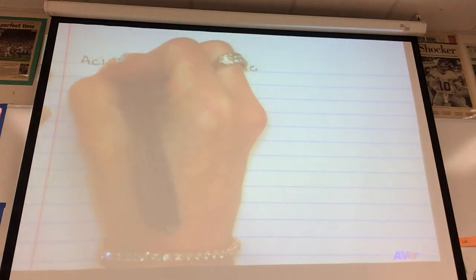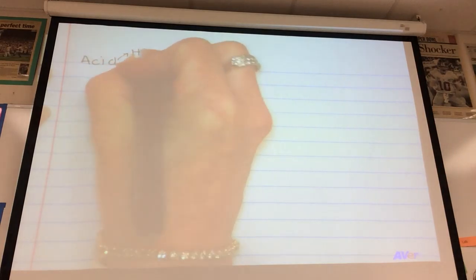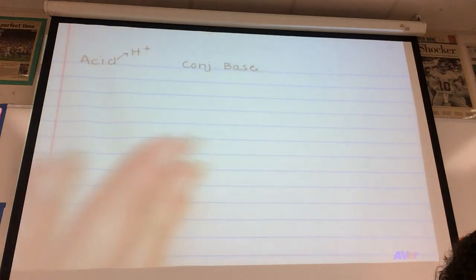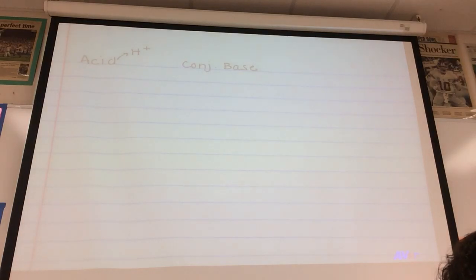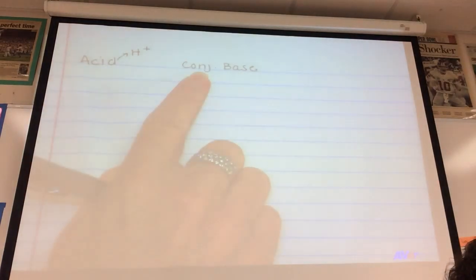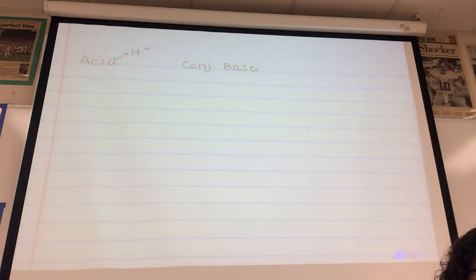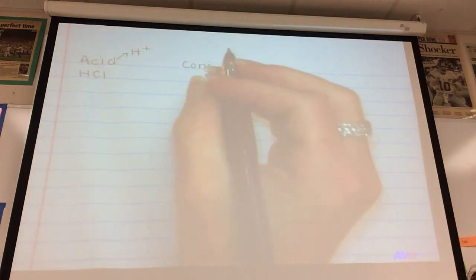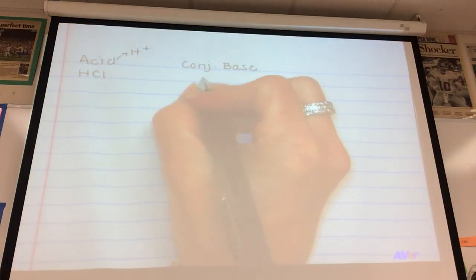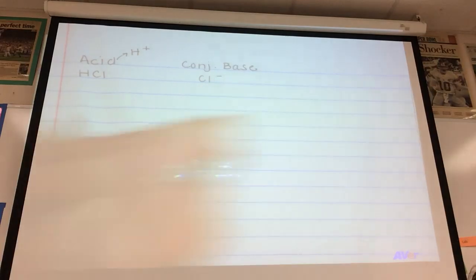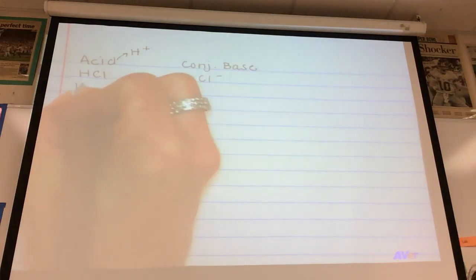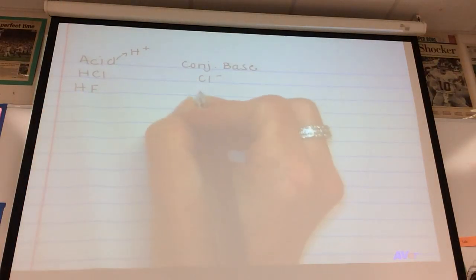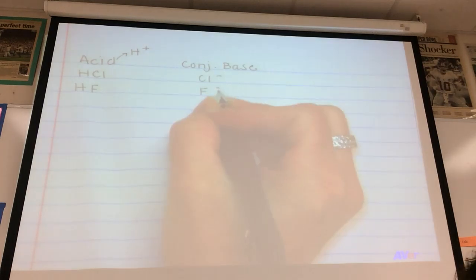Remember, an acid is a proton donor, so it's going to kick out a proton. A base will accept it, but the acid forms a conjugate base when the proton has been donated to another entity. For example, hydrochloric acid will donate its proton, forming the conjugate base chloride ion. It doesn't matter whether strong or weak, they're both going to operate in the same regard.